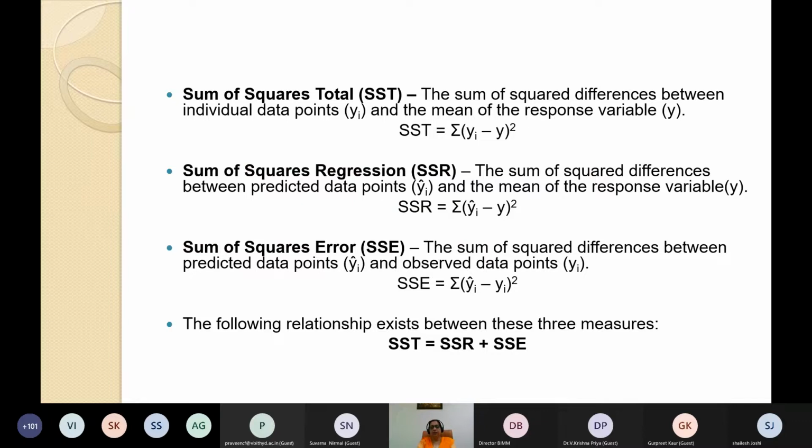So these are certain values which we shall be using again. Sum of square total, the sum of squared regression SSR, and the sum of squared errors, SSE, are identified using the equations given on the screen.